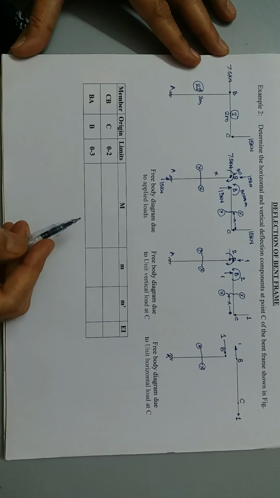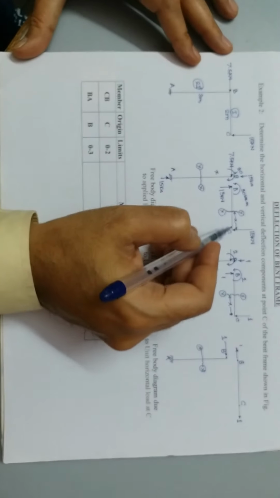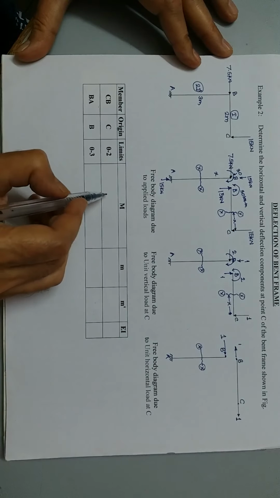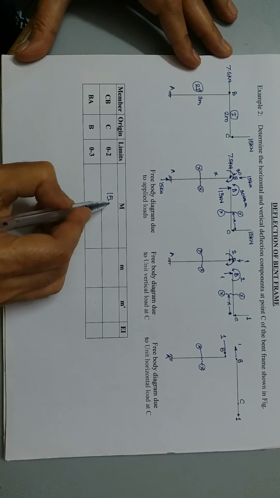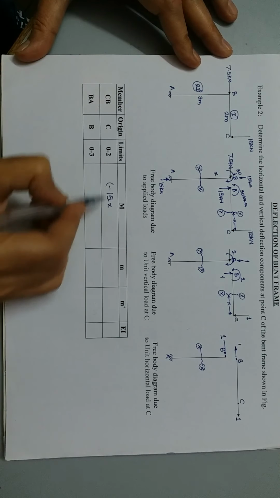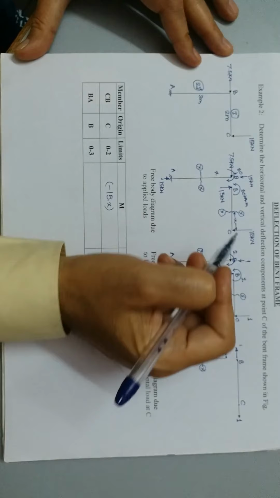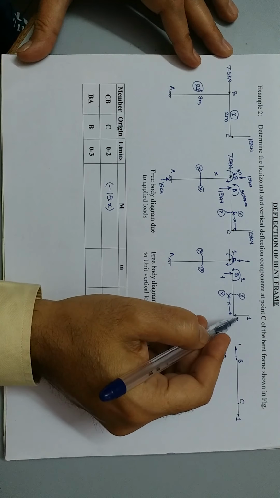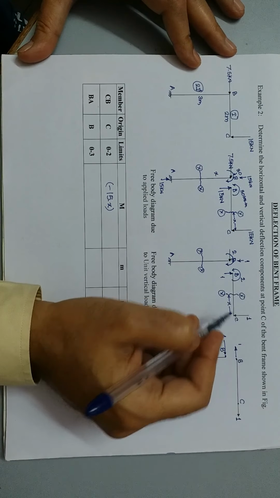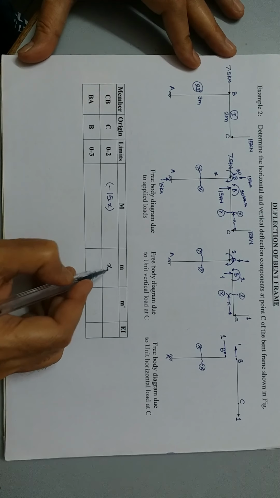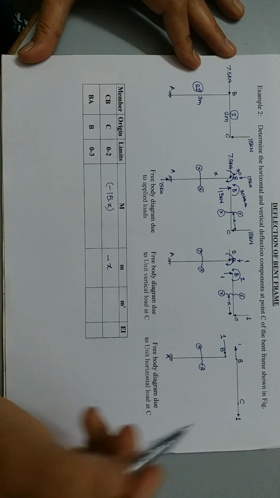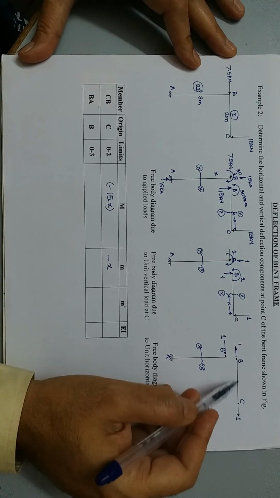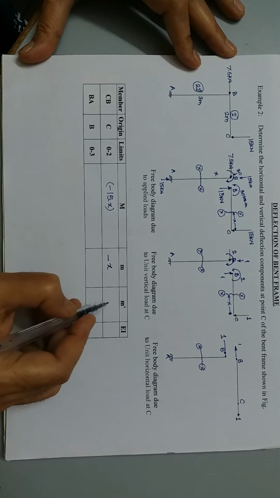So let us take bending moment. Bending moment for the member CB will be 15 into x, which will be minus, because it will tend to hog the beam. Then bending moment due to the unit load, 1 into x, that is minus x. Then bending moment due to the horizontal load on the member CB will be 0.